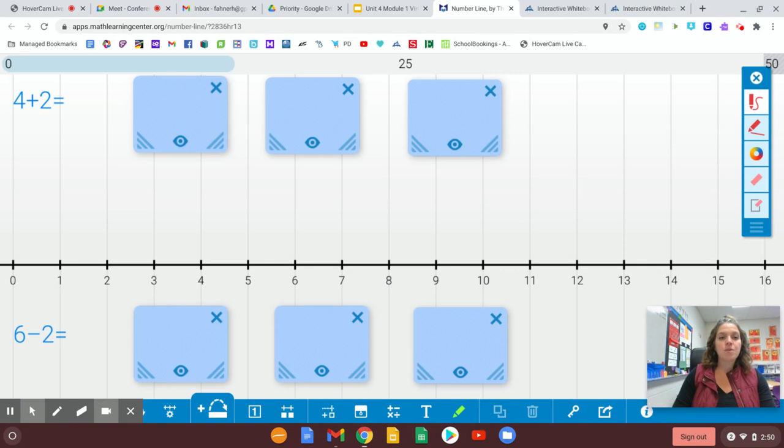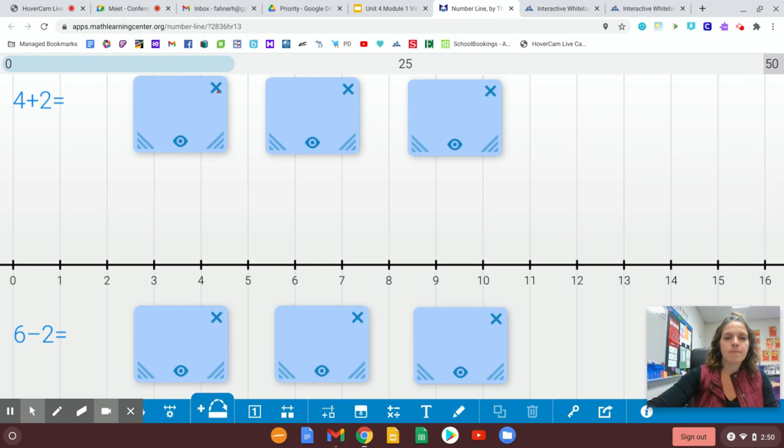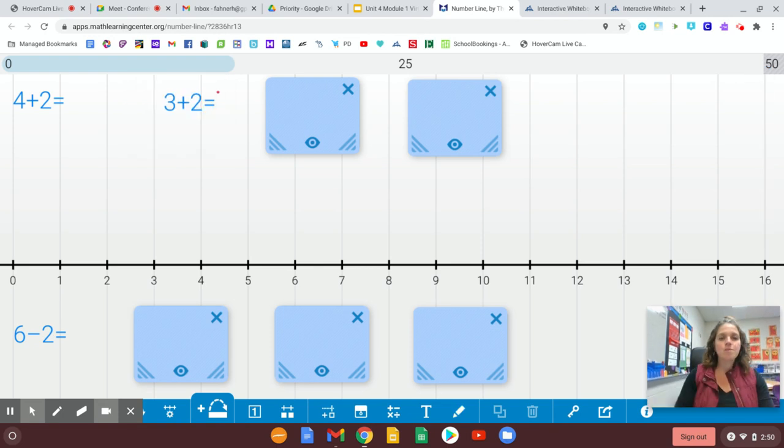All right. So let's take a look at another example. This one says 3 plus 2. Now I can start at the 0 and jump 3 spots and jump 2 more. Or I can start at the 3, the larger number, and jump 2 more.